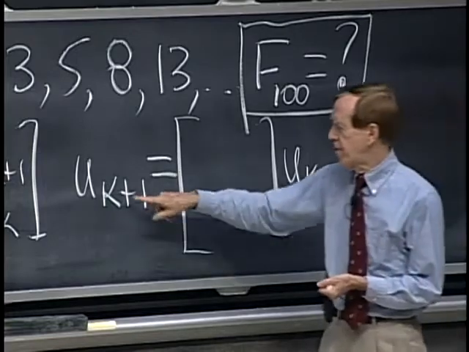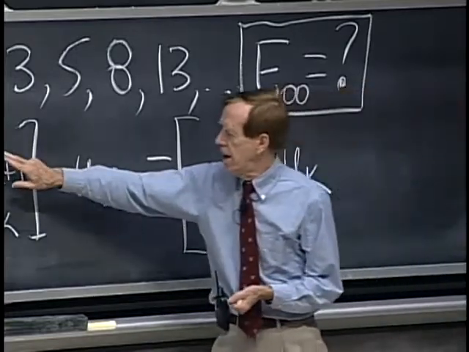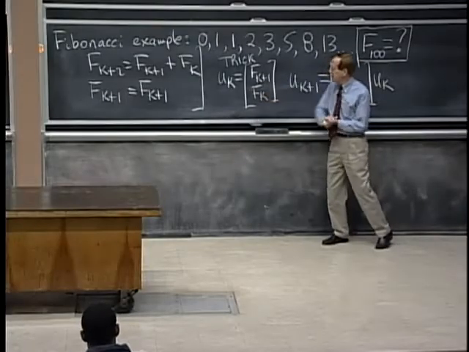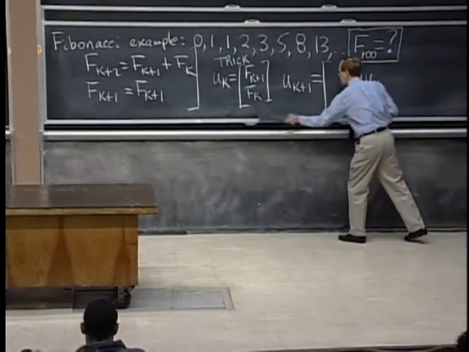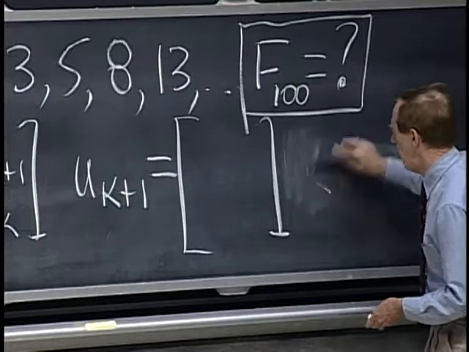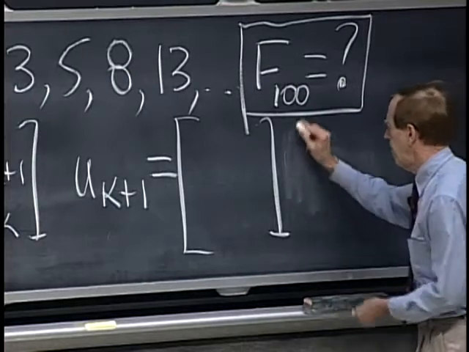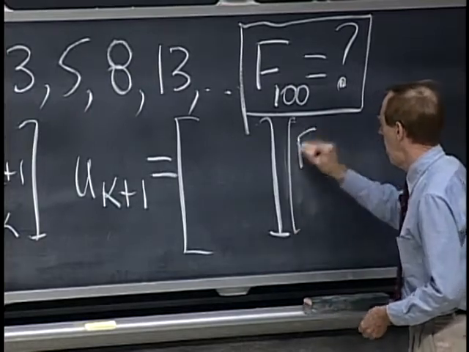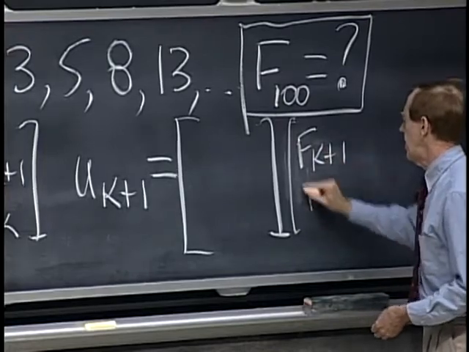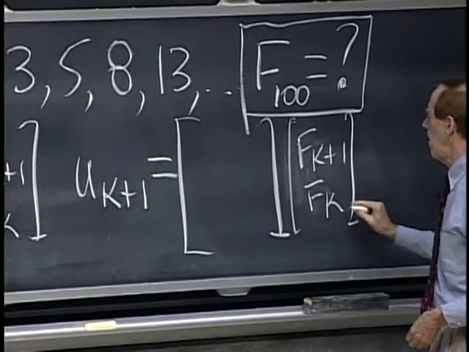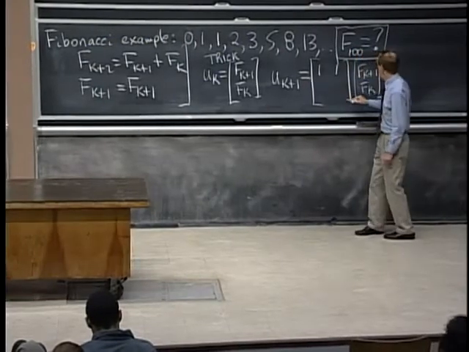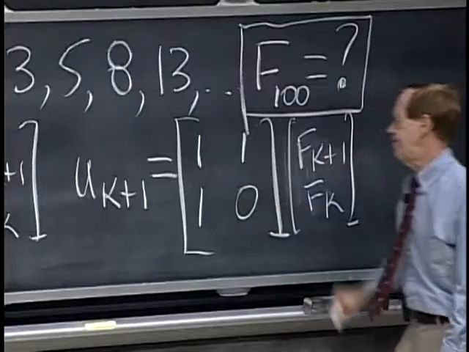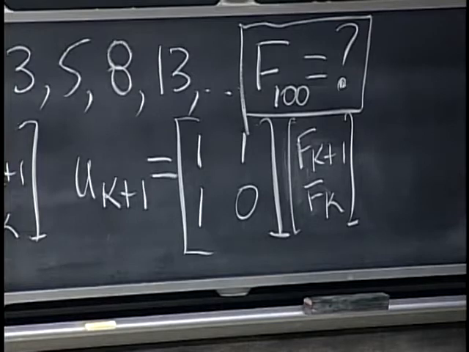So do you see the left side, uk plus 1 is fk plus 2, fk plus 1. That's just what I want. On the right side, remember, this uk here, let me for the moment put it as fk plus 1, fk. So what's the matrix? Well, that has a 1 and a 1, and that has a 1 and a 0. There's the matrix.